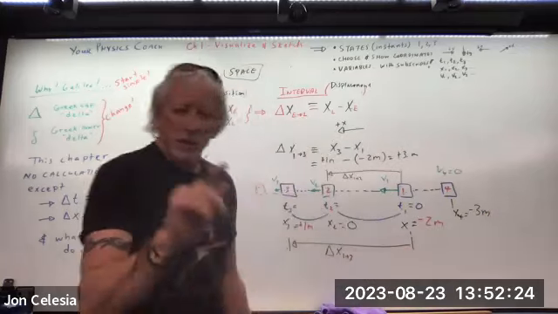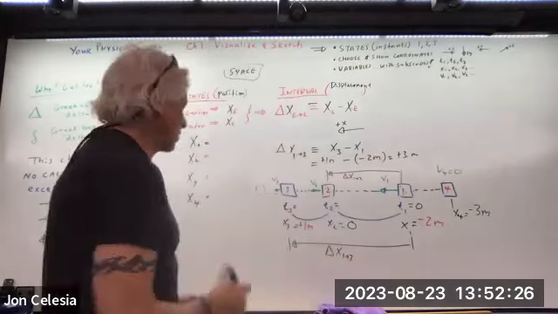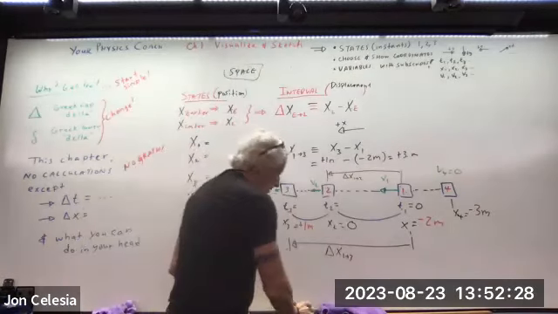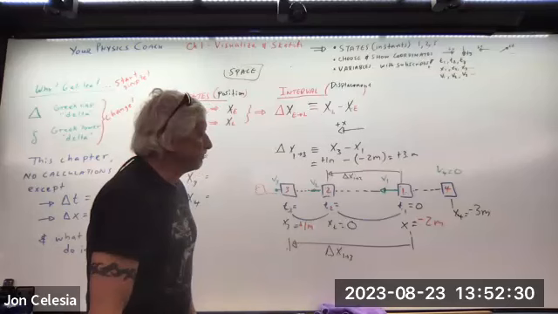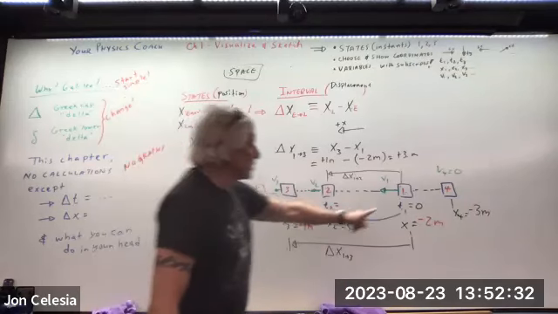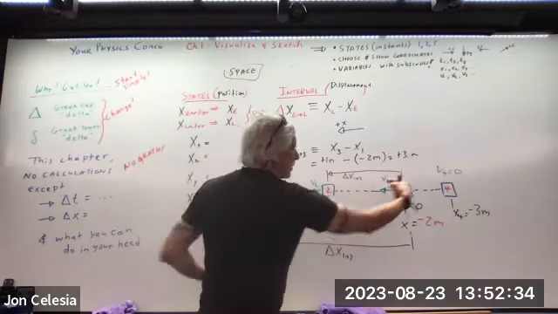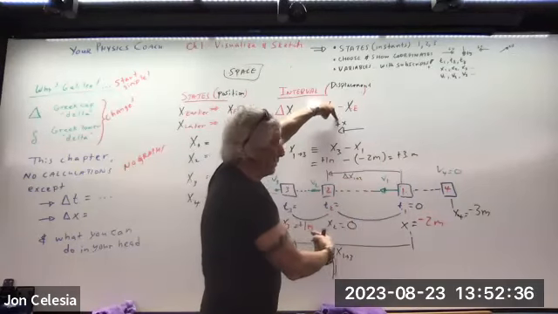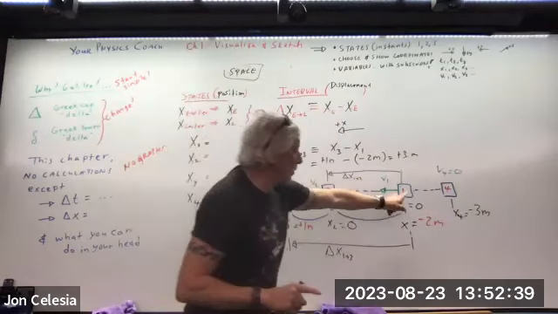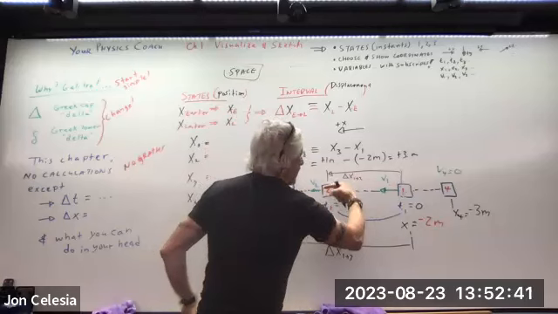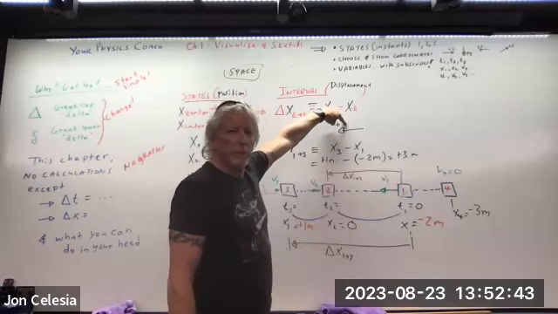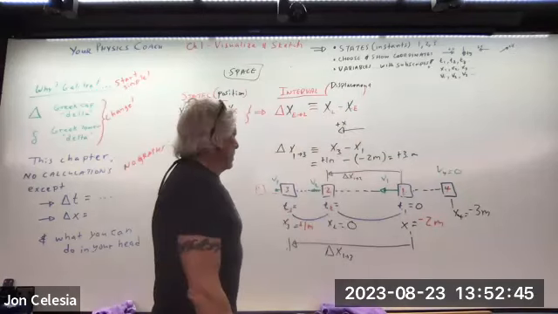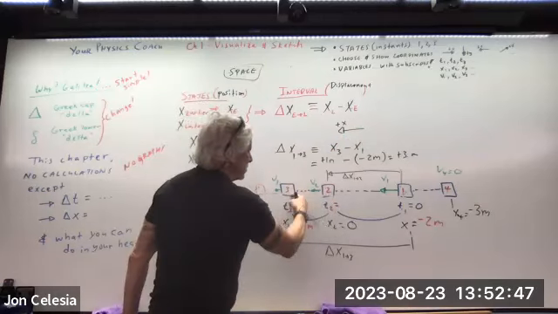Now watch this. This is the last little thing that I want to show you, and then hopefully the examples and everything will get it. So delta x, 1 to 2, is from here to here. That way, I call that positive. 1 to 3, from here to here. That way, I call it positive. 2 to 3, from here to here.